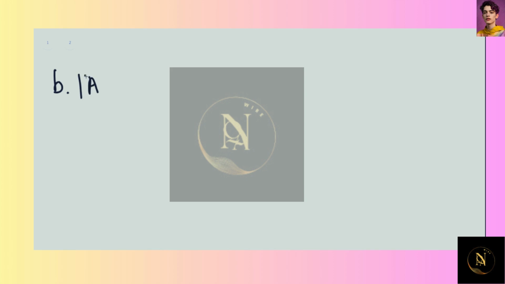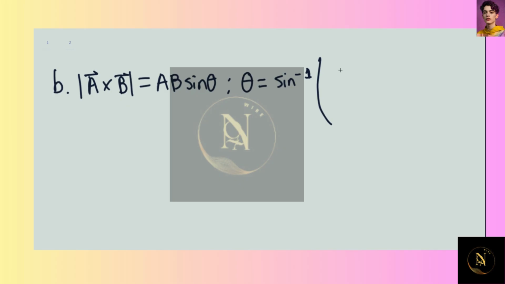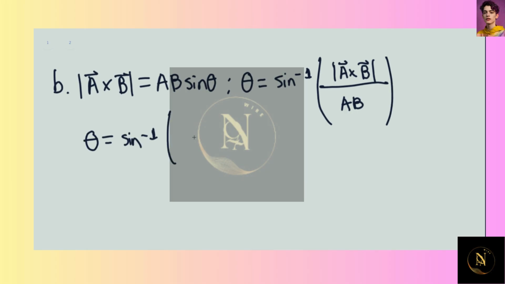We know that the magnitude of the cross product between vector A and vector B equals the magnitude of A times the magnitude of B times sine of theta. And so theta is simply equal to arc sine of the magnitude of the cross product between A and B, divided by A times B. And so theta will equal arc sine of 12.88 divided by 6.435 multiplied by 10.37.